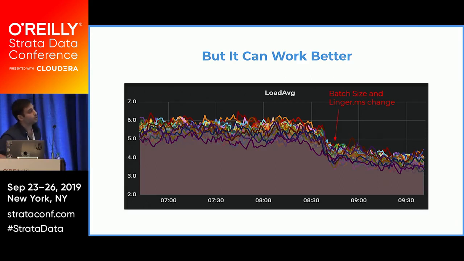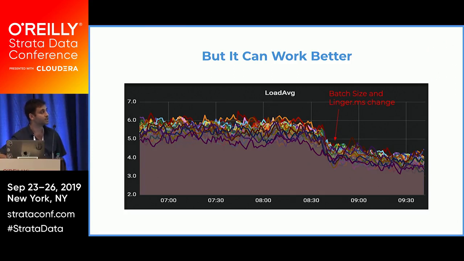This graph is one of my first quick wins. This shows the CPU usage of one of our Kafka cluster's brokers. And you can see that around 8:30 we deployed something, and CPU usage dropped dramatically. What we did here was change one of the main producers to these clusters.